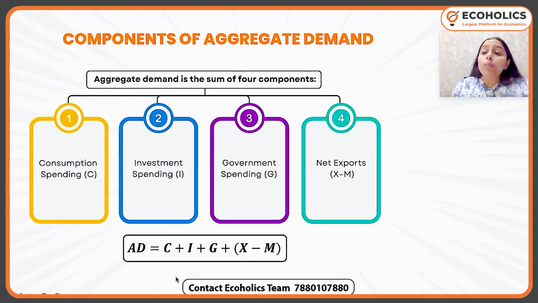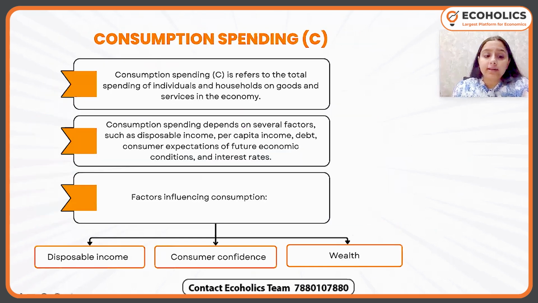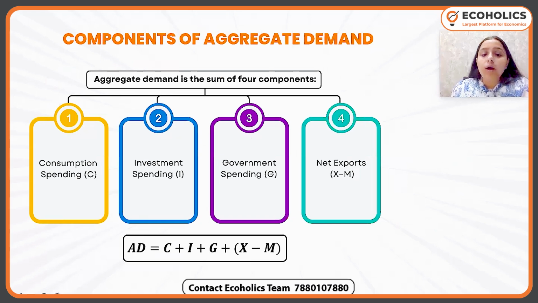Now, what are the components of aggregate demand, or basically what does aggregate demand comprise? Aggregate demand has majorly four variables that need to be included. First is consumption, which is the final consumption by individuals. Second, investment spending by people.